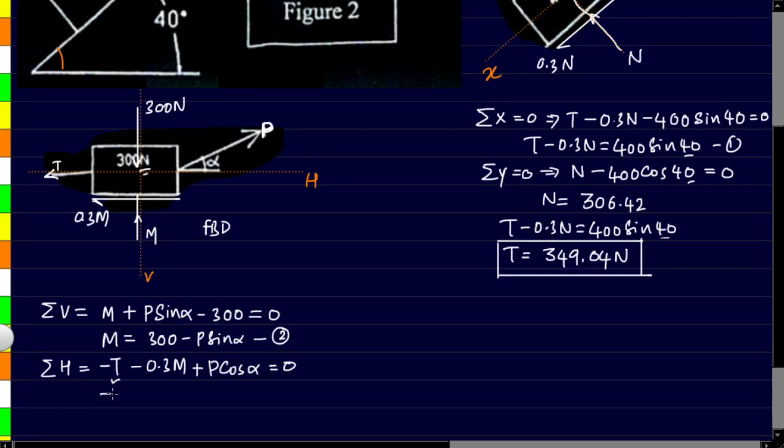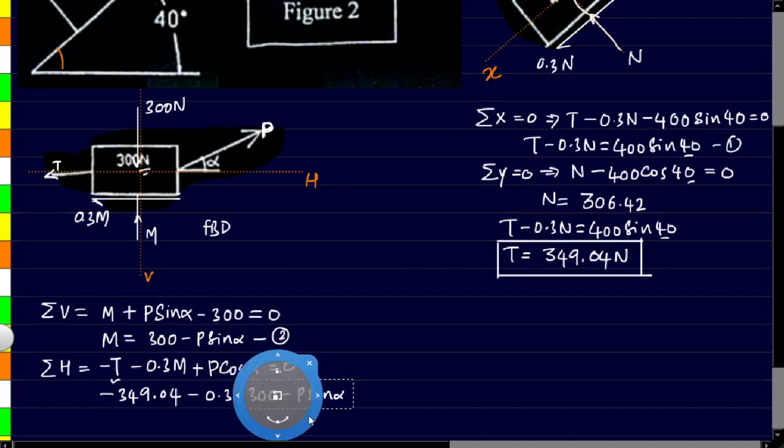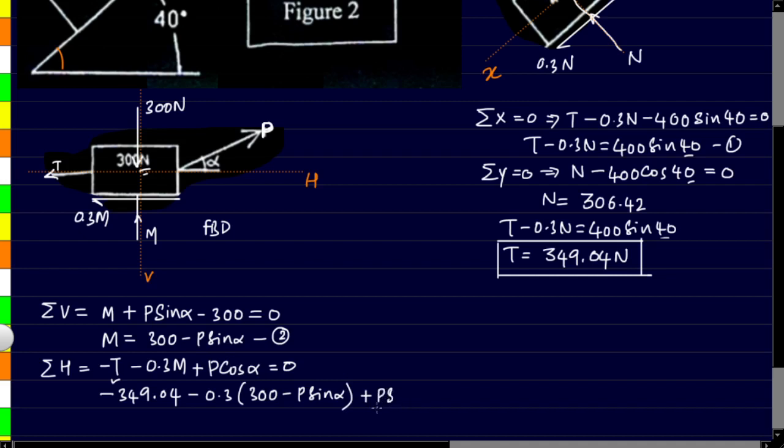So let me substitute the tension value, that is minus 349.04 minus 0.3 times this complete value I'll have to take here. So that comes over here. And then I'll have to continue adding P cos alpha. So this total has to be, of course, equal to 0.